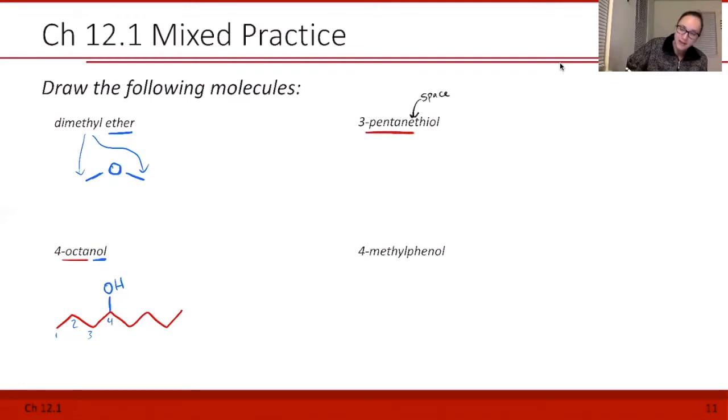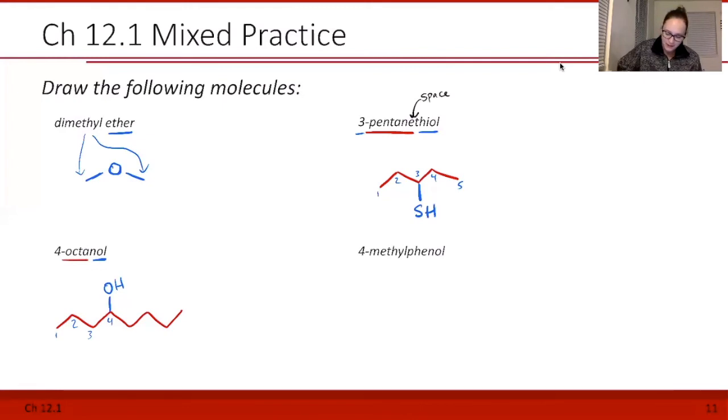So we have pentane as our base. So we have 5 carbon atoms, 1, 2, 3, 4, 5. And then let's number them so that we put our thiol at the 3 position. 1, 2, 3, 4, 5. So at the 3 position, I'm going to put my thiol.